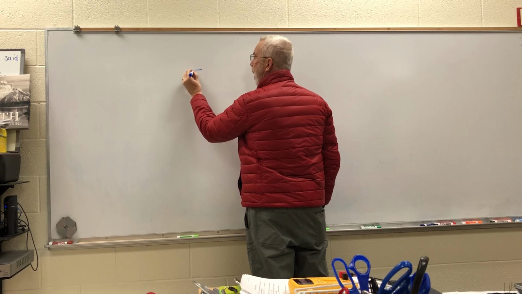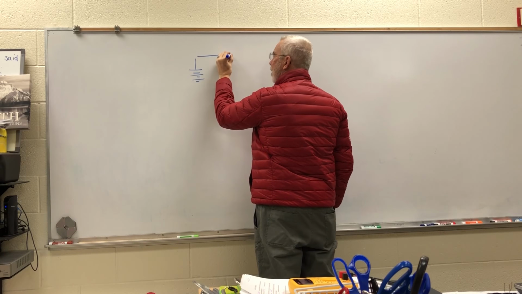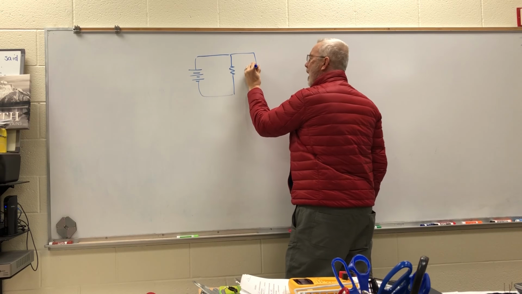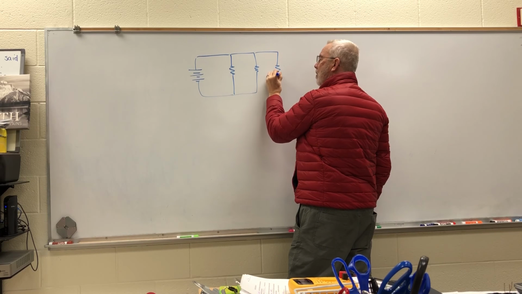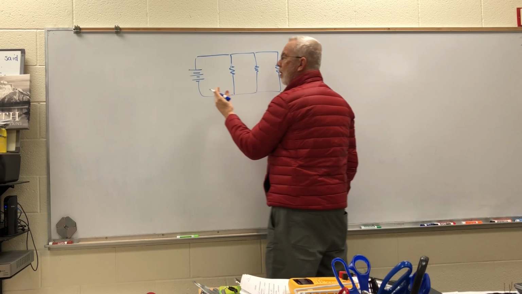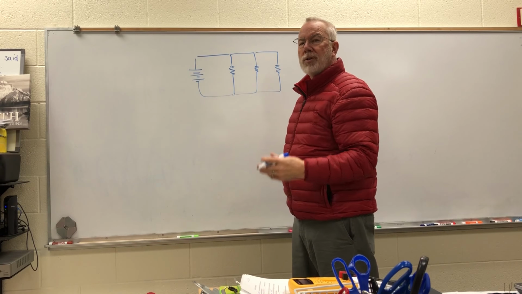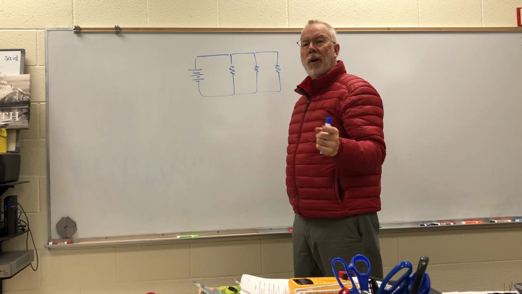You have a power source or a battery, and then the difference, which you should notice immediately, is that the resistors are in fact in parallel. You can see the parallel lines here. The battery, of course, is here. And you should also notice that there's more than one pathway for the electrons to flow through.